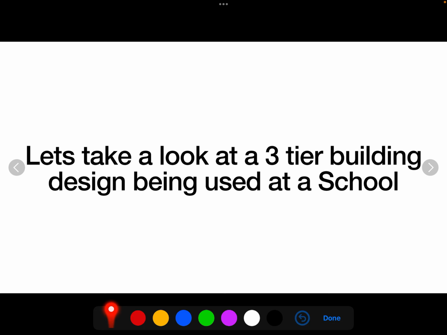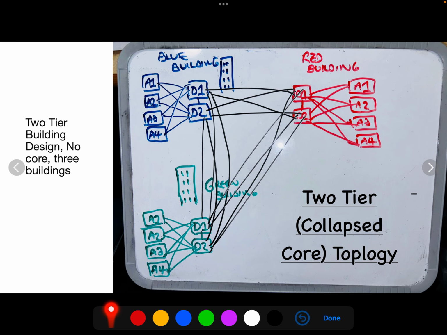Now, let's look at this building design being used at a school. This is a 2-tier collapsed core topology. Here we've got a school with 3 buildings: the green building, the red building, and the blue building. So these are 3 buildings for one school.